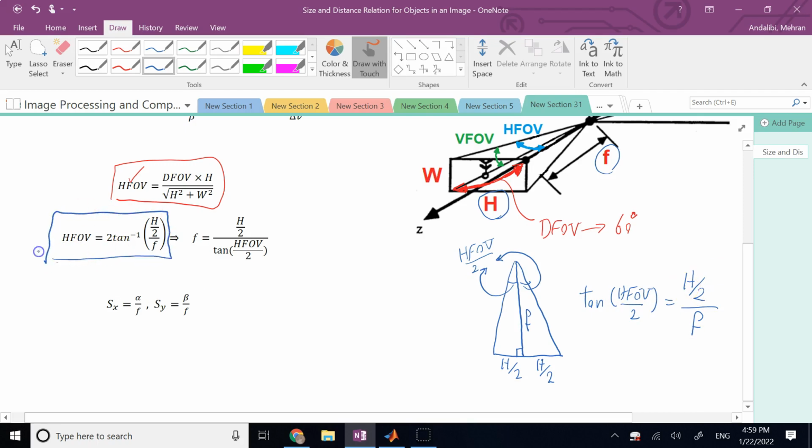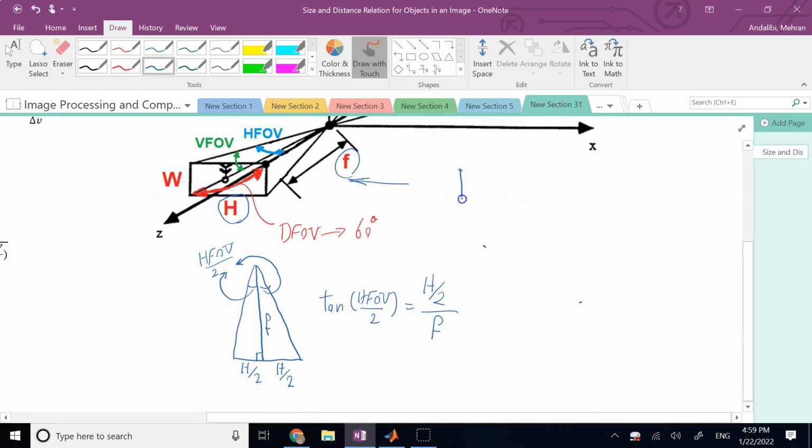That HFOV is 2 arctangent of H over 2 divided by F. Similarly, if you look from the side, this direction, you can see a triangle like this. This time, what you have is, again, this is F. Each one of these is W over 2. And each one of these angles is VFOV divided by 2.